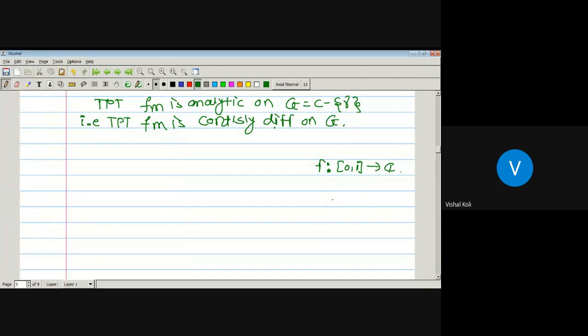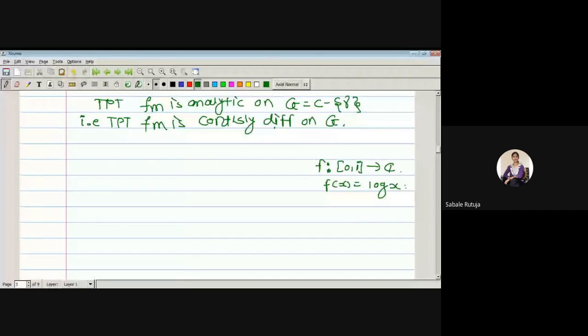Now, whether this function is differentiable? No, sir. Why?